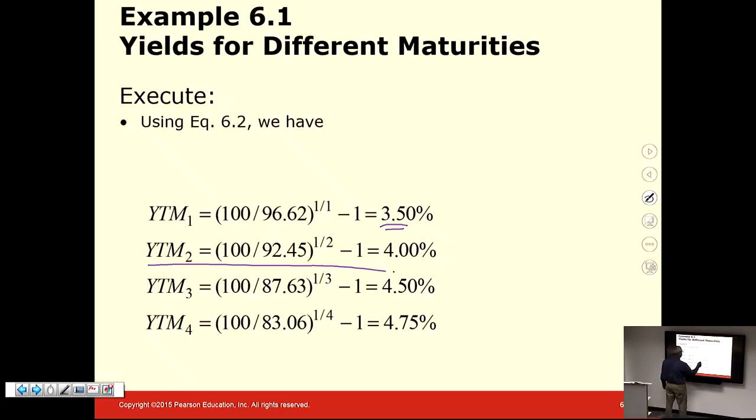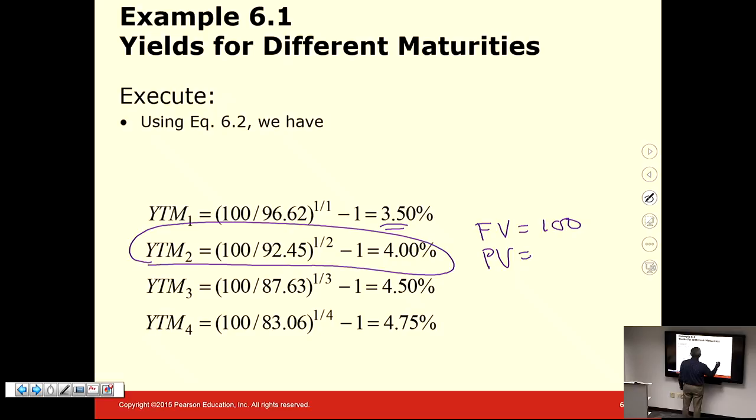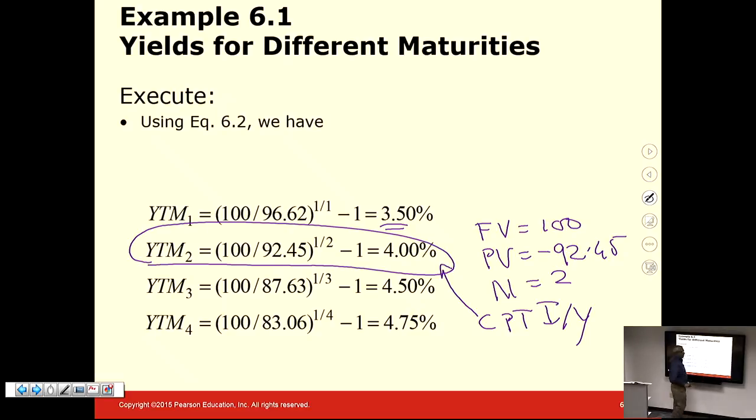If it's a 2-year bond, in other words, we would do future value as 100, present value as negative 92.45, n is equal to 2, compute IY, which would be 4%.